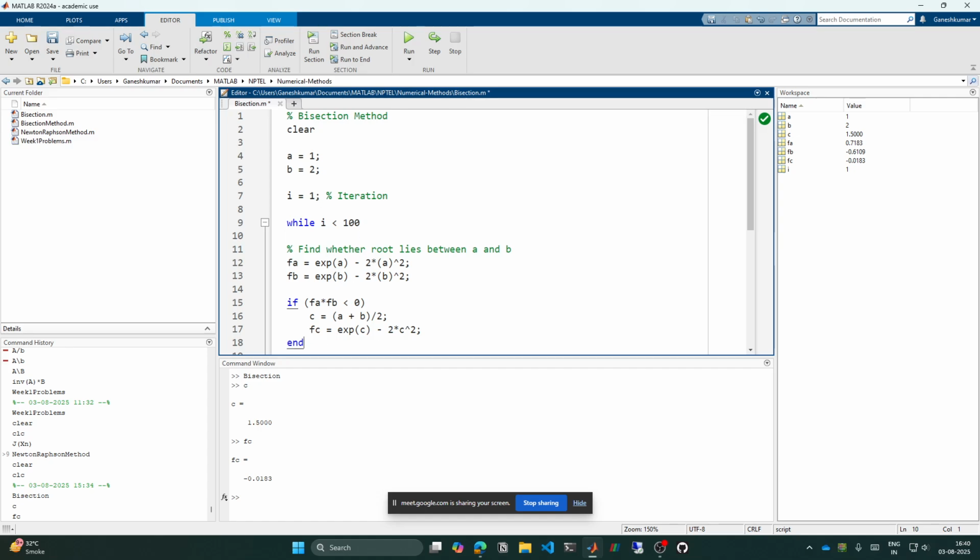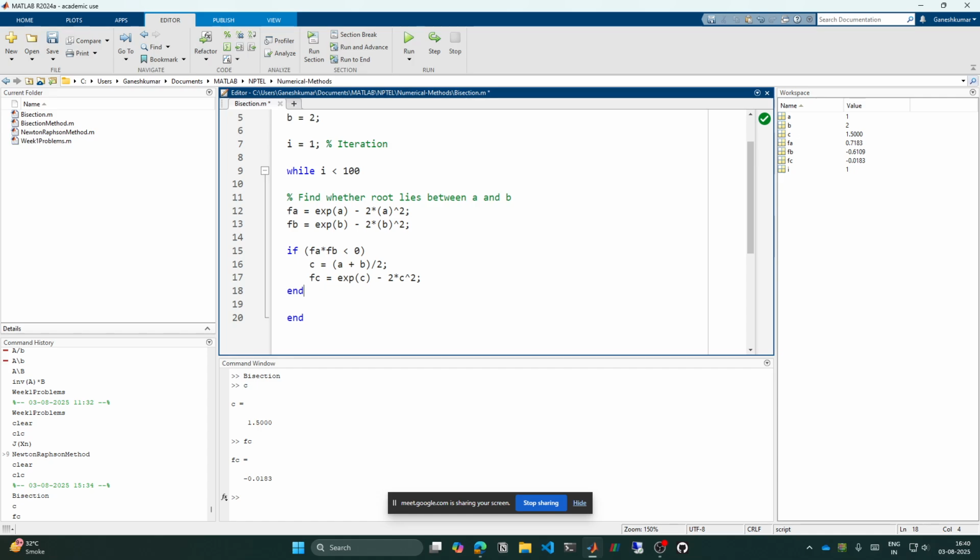Once you do this, you will find the midpoint. That is the second step: we find the midpoint. Once you find the midpoint, you will find where the root lies, between a and c or b and c.